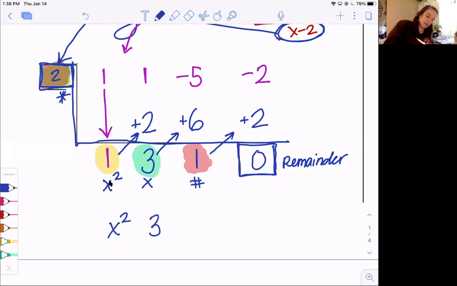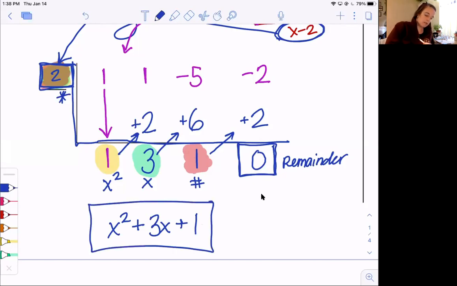I'm going to write 3x, and since it's positive, I'm going to put a plus right here. I'm going to write 1, and since it's positive, I'm going to put a plus right there. And since my remainder is 0, I don't need to write anything. So I'm going to circle this as my answer.